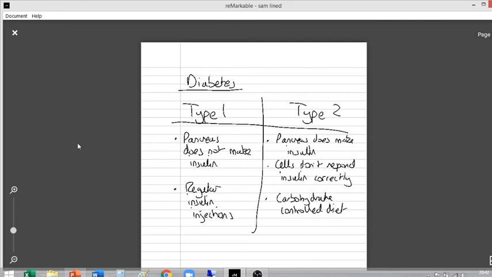In other words, they wouldn't be allowed to eat the pizza that I've just eaten, plus regular exercise. That is how they control their glucose concentrations. Because diabetes, again, is all about individuals that find it very difficult to control their blood glucose concentration.